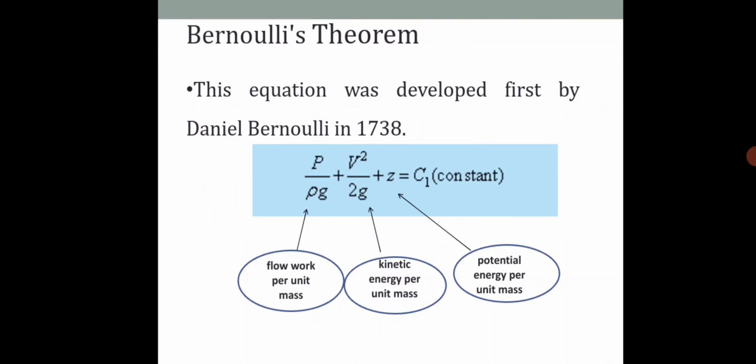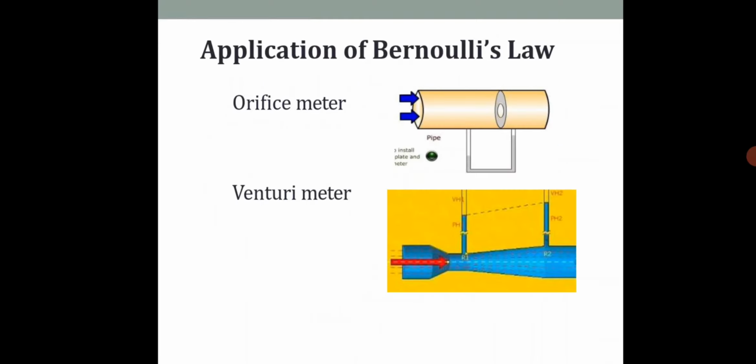P by rho g, where rho is density, is the flow work per unit mass, also called the pressure head. V square by 2g is kinetic energy per unit mass. Z is potential energy per unit mass. C1 is a constant.